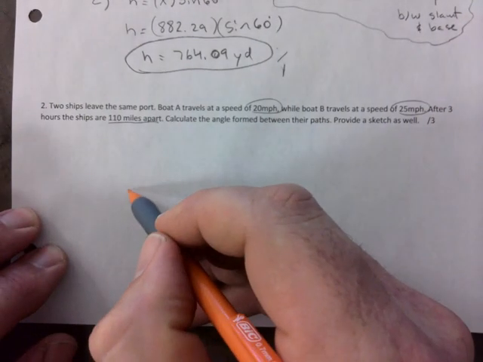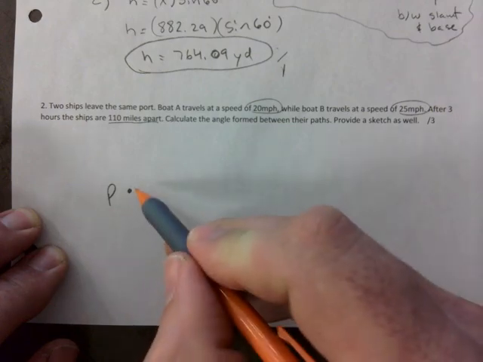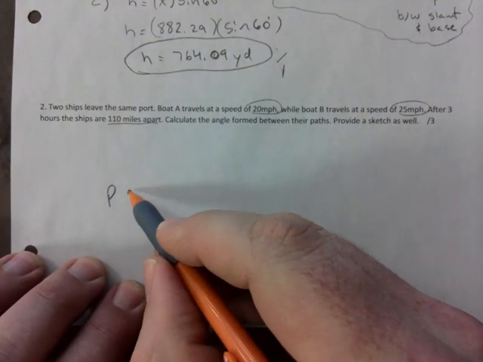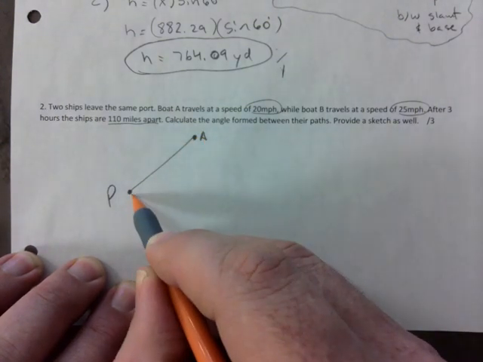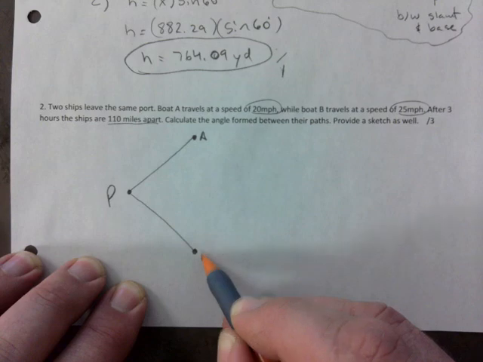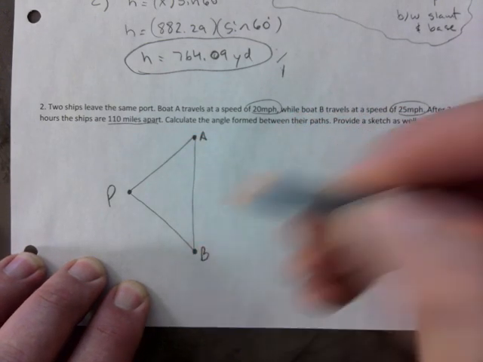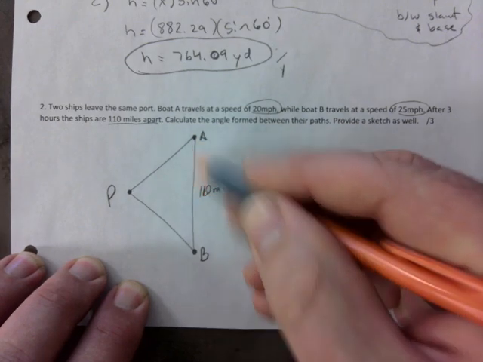Okay, so you're thinking, right? This is the port, and you've got two boats leaving. We don't know in which direction. But we're just going to assume boat A goes here, and then boat B goes somewhere over here. We know that after 3 hours, they're 110 miles apart like that.